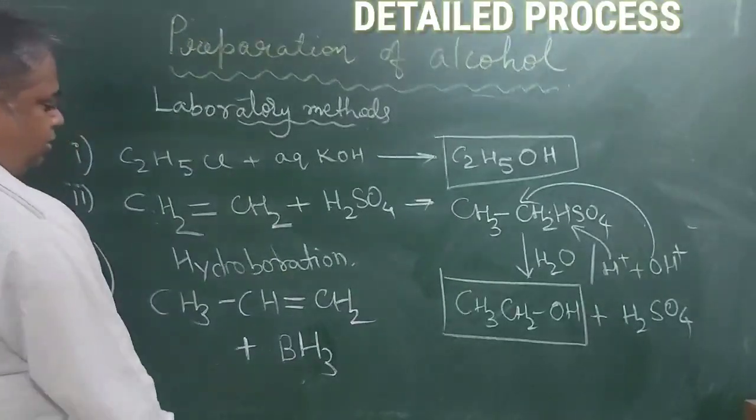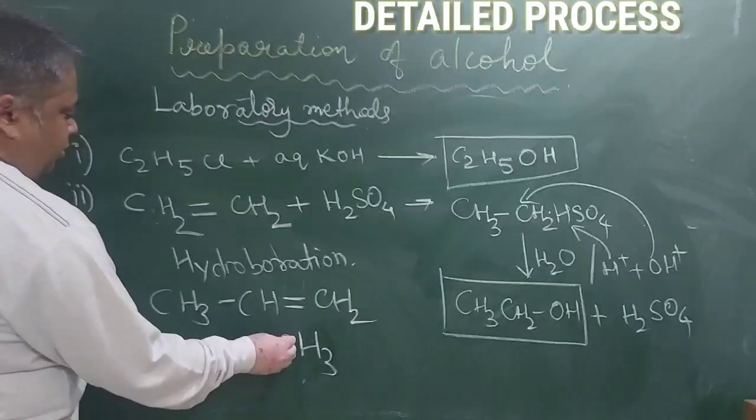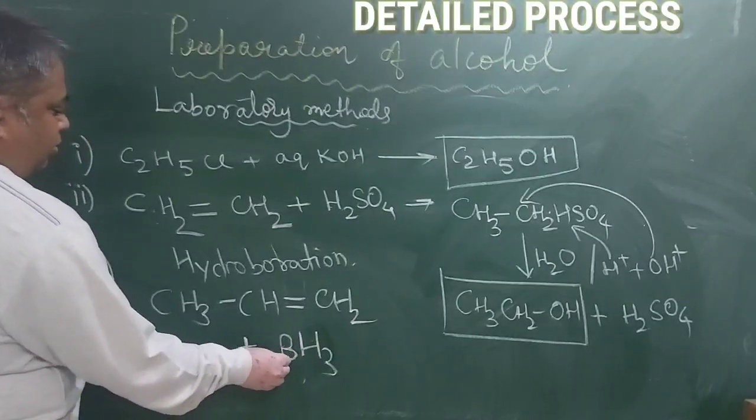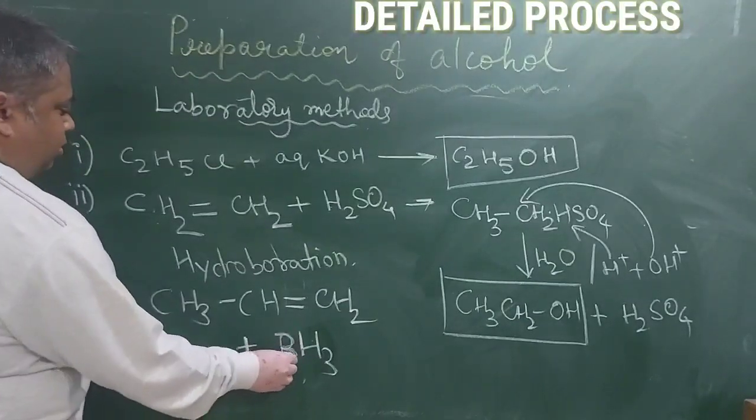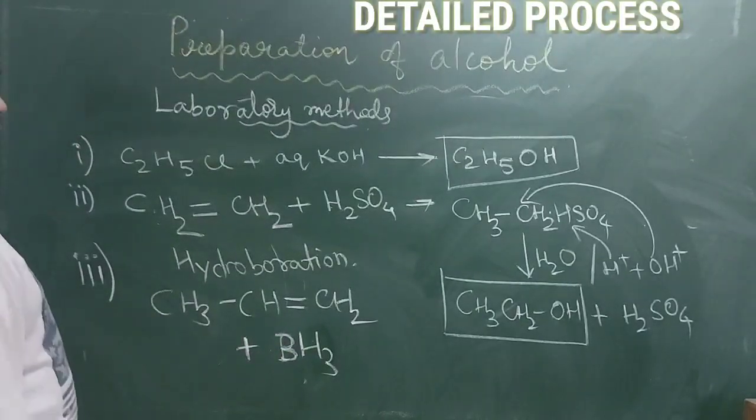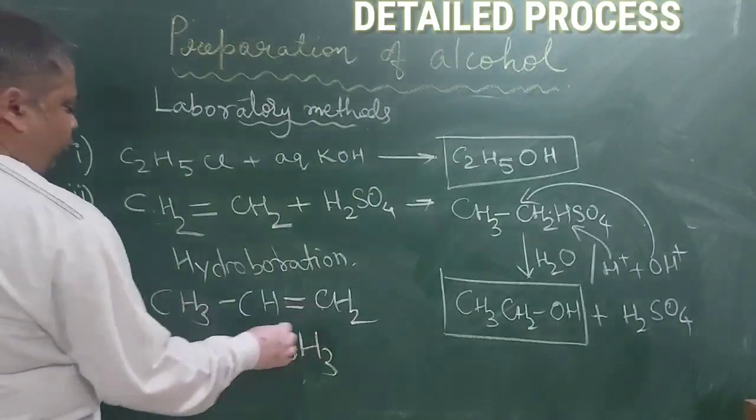We take BH3. Now just like Markovnikov's rule, what will happen? Hydrogen will come here and boron will come here.